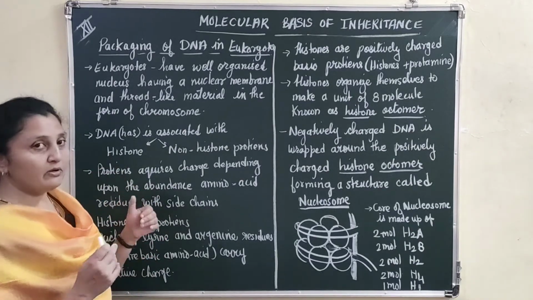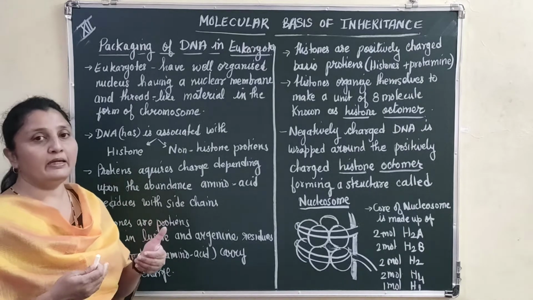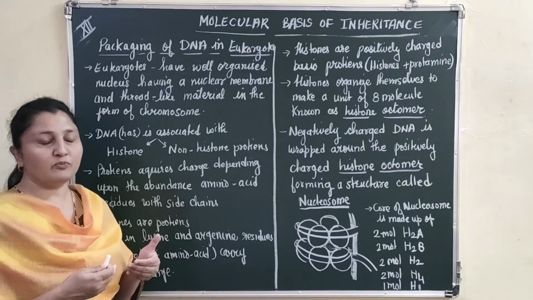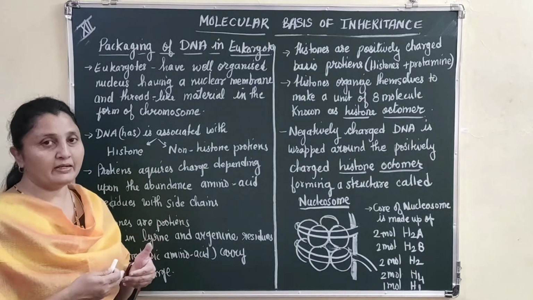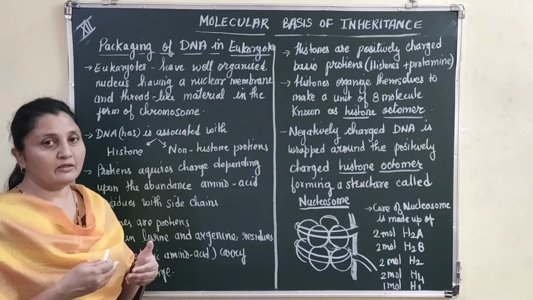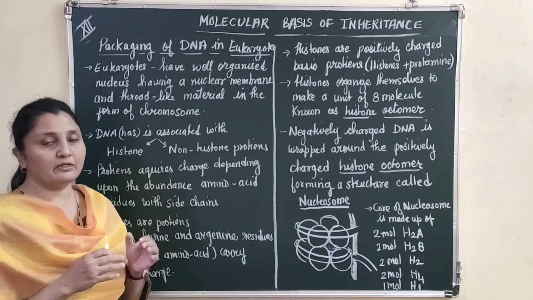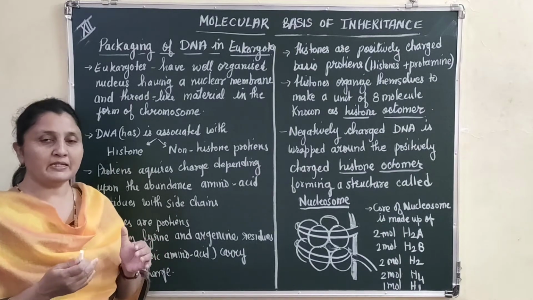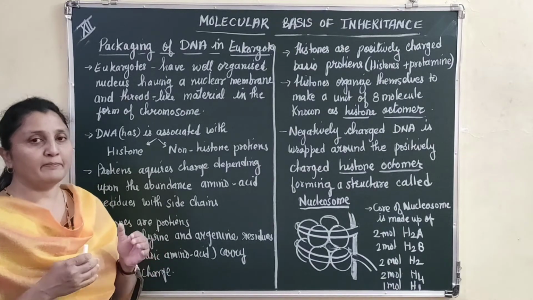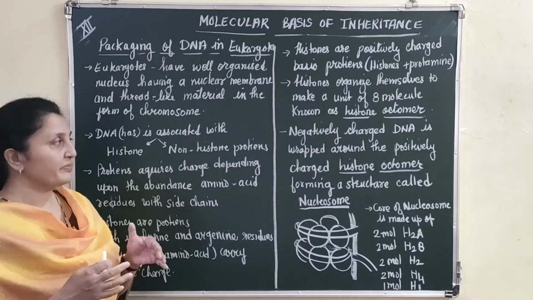Correct? So as you already know, DNA in eukaryotes is 2.2 meters long, right? And the eukaryotic nucleus is very small. It is as small as 10 raised to power minus 6 meters, isn't it?